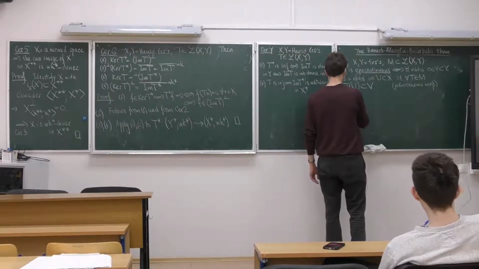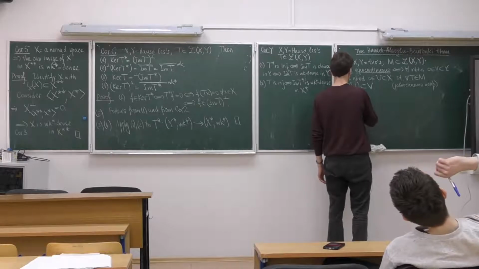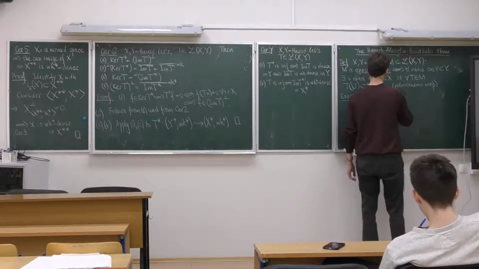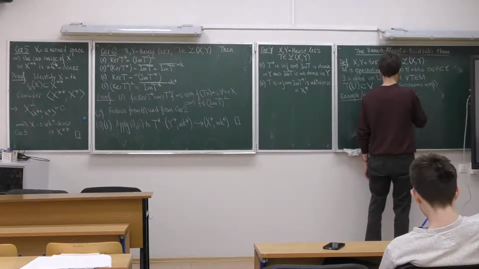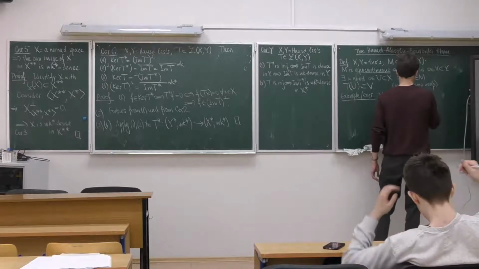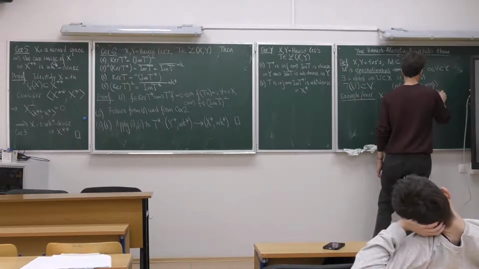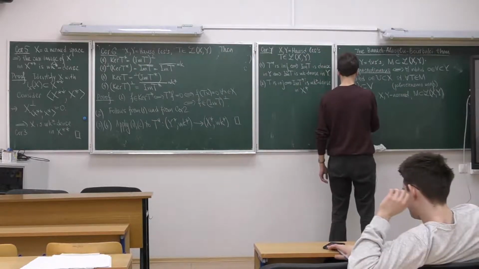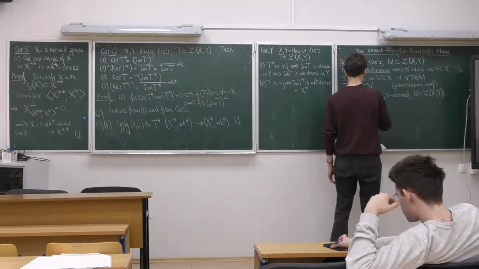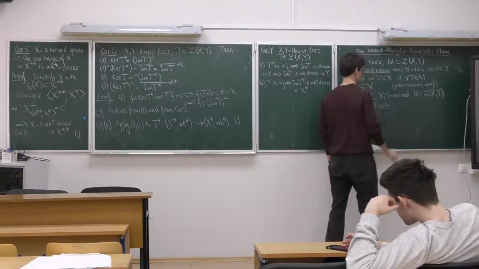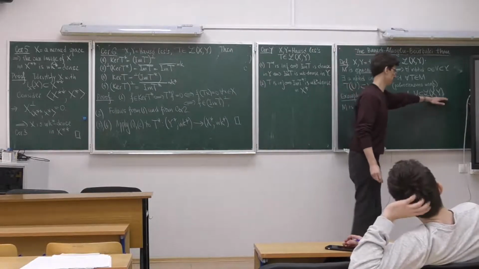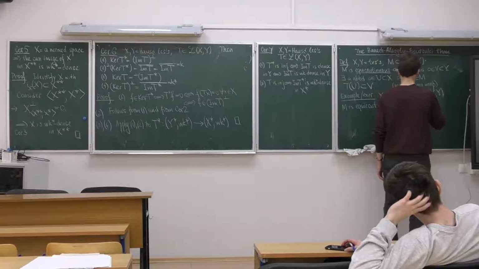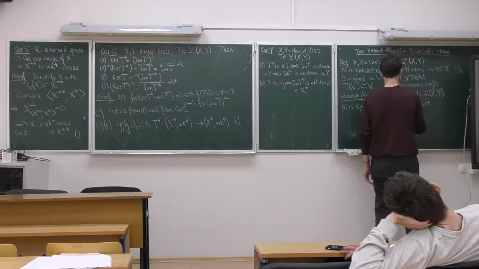Here's a useful example and an exercise at the same time. Suppose that X and Y are norm spaces. Then a subset in the space of all continuous linear operators is equicontinuous if and only if it is bounded with respect to the operator norm.